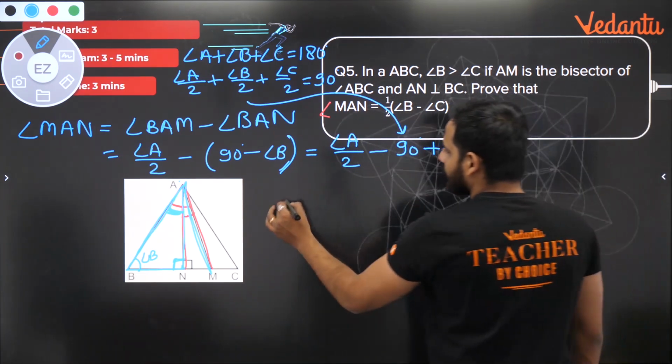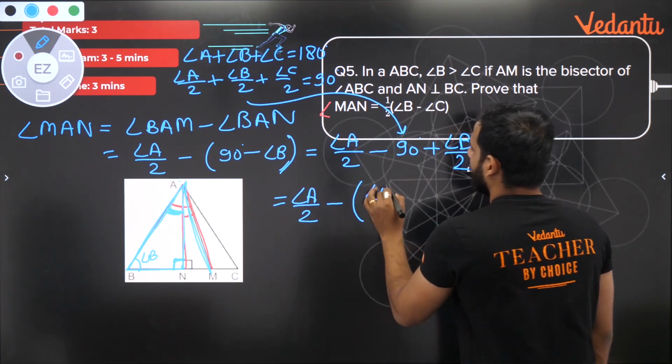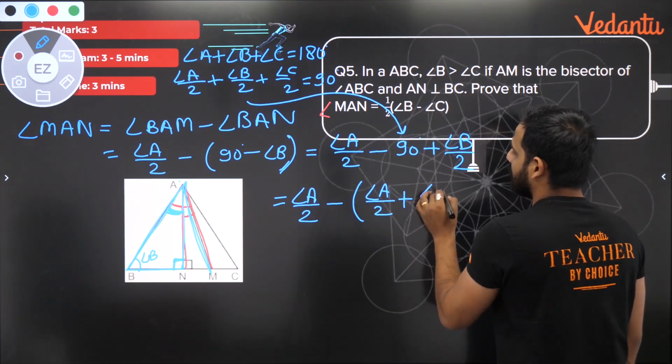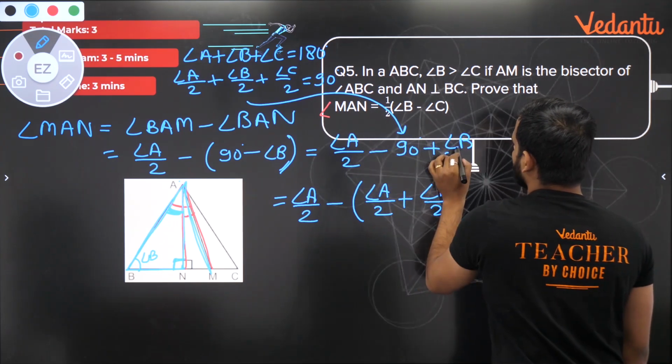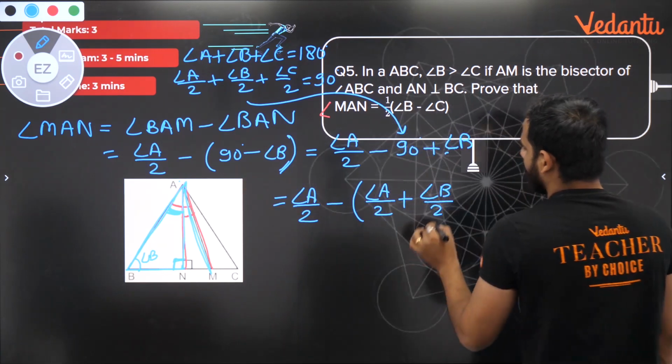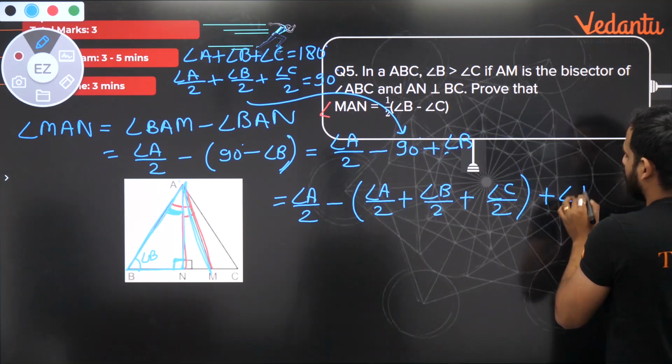So let's do that. We get angle A by 2 minus of angle A by 2 plus angle B by 2 plus angle C by 2, plus angle B. Wait, this is angle B only, sorry.